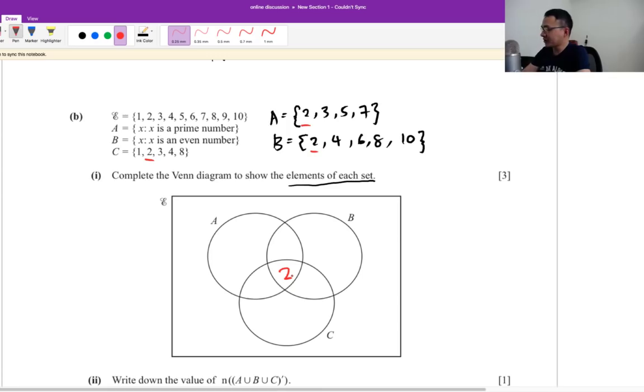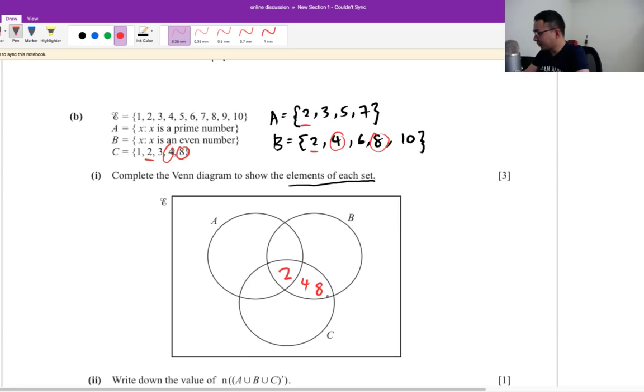And then I'll focus on the numbers A and B both have. We don't have any other number A and B both have. Then I will find a number B and C have in common. B and C have 4 and 8, isn't it? So I'm going to write 4 and I'm going to write 8 there.